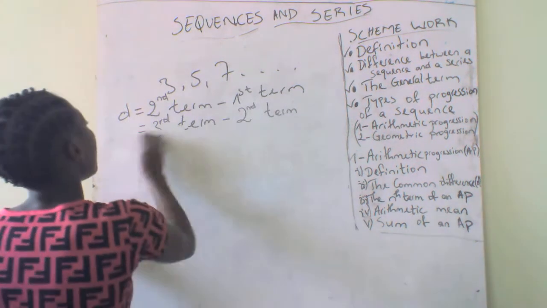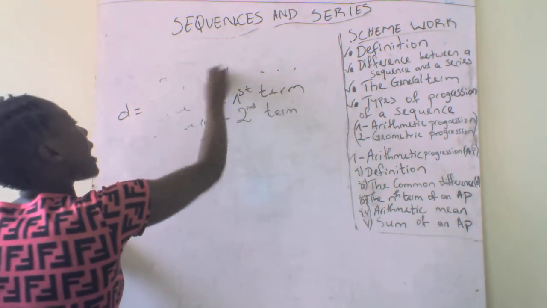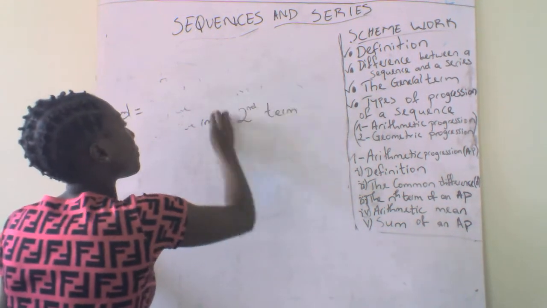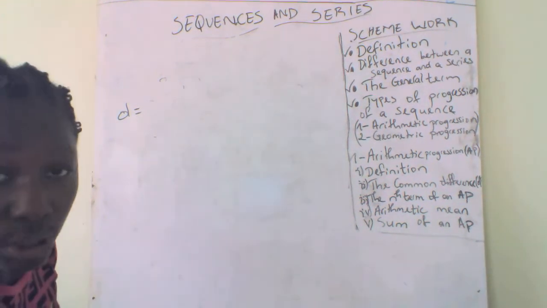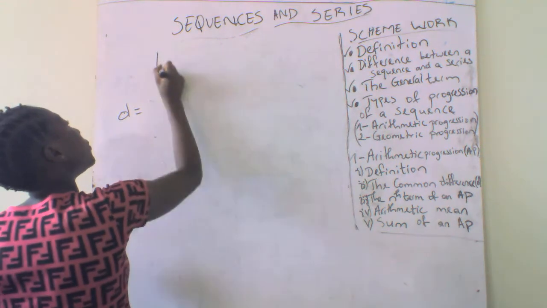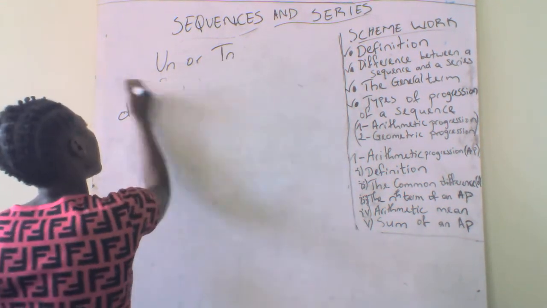So now let's move to what we call the nth term of an arithmetic progression. When we talk of the nth term, it is usually denoted by Un or Tn.